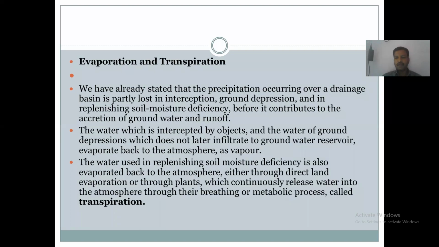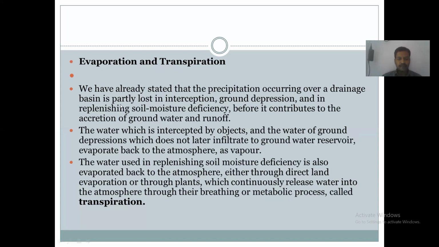So this is the second term related to the hydrologic cycle, that is infiltration. The other terms are evaporation and transpiration.